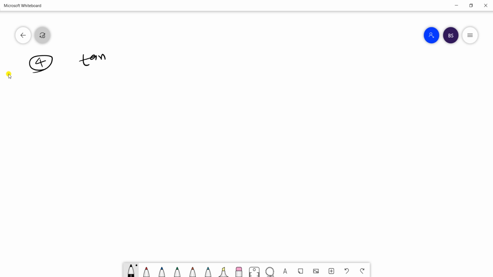Tan a minus cot a is equal to 1 minus 2 cos square a divided by sin a into cos a.